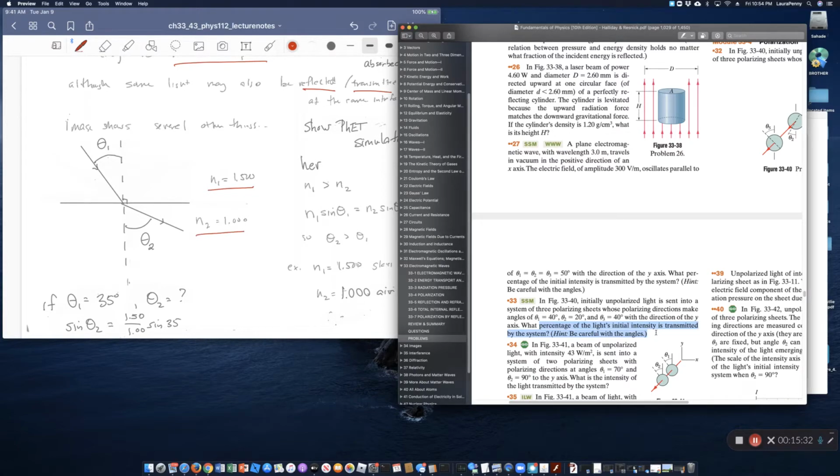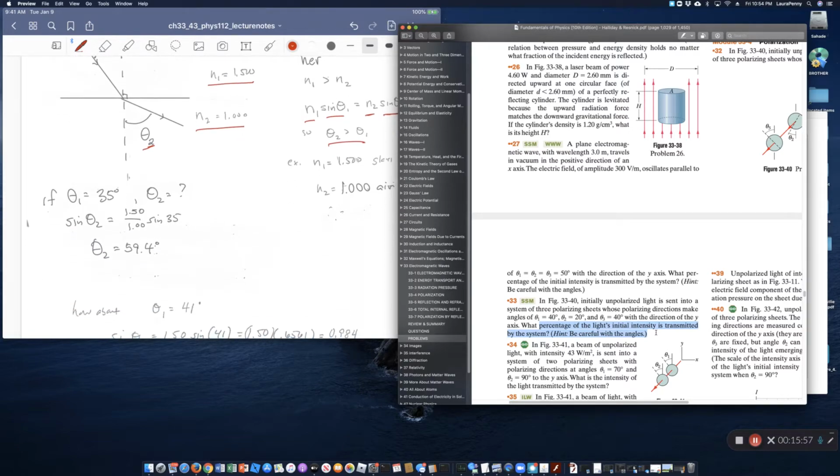We see that this is still Snell's law. You have a high index of refraction and a smaller angle. But when you move into a region where you have a lower index of refraction, you'll have a larger angle. So theta 2 has to be greater than theta 1.